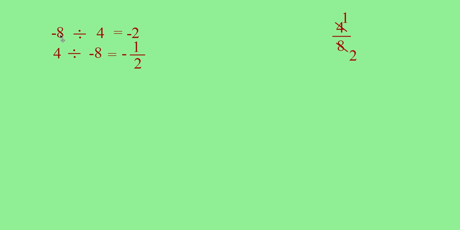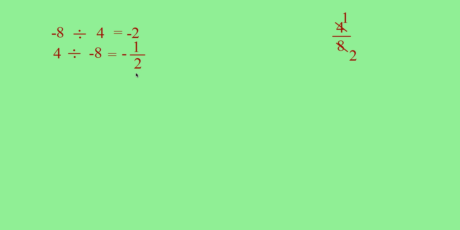Now check, here negative 8 divided by 4, you are getting negative 2. Here negative 8 is an integer, 4 is an integer, so negative 2 is also an integer. But in the second case, 4 divided by negative 8, 4 is an integer, negative 8 is also an integer. What about negative 1 by 2? Is it an integer?